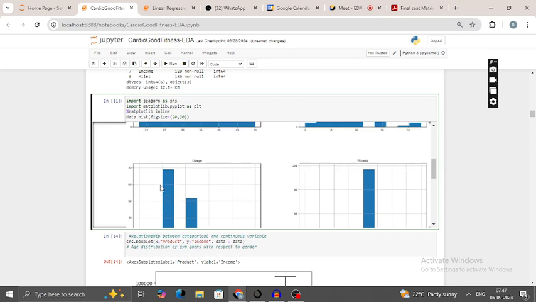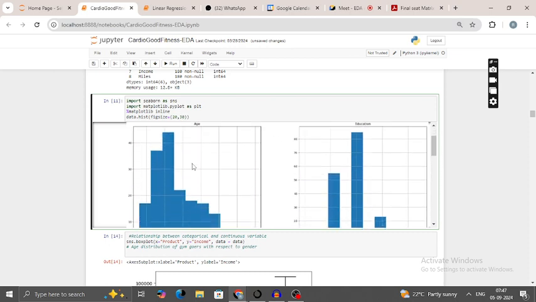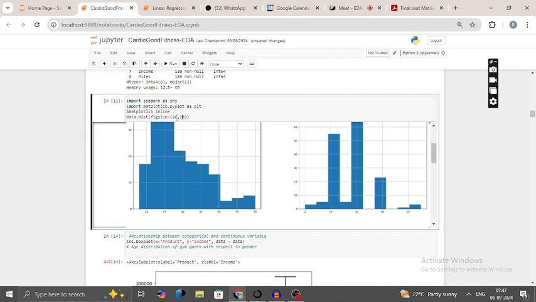Okay. So if you look at this data, first one, age. Just refresh. Look at the age.